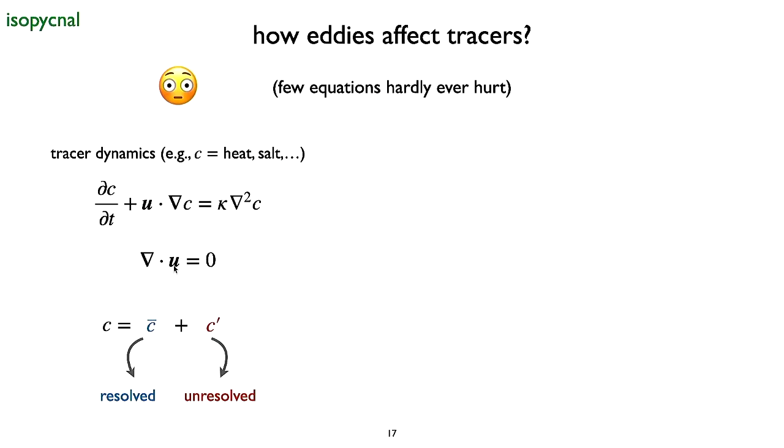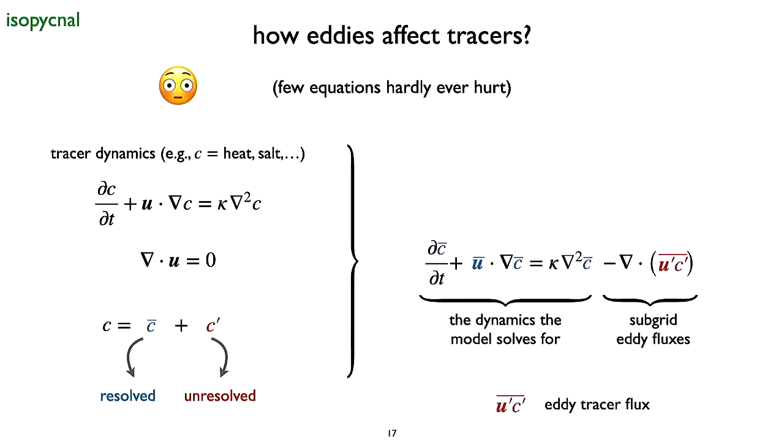Okay. So if you plug this back in, and if we have time, we could do it on the board, but you'll get this equation. Okay. So you'll get the same equation as the one you started with, but for the blue things. And then you get some leftover, which only involves the red things.